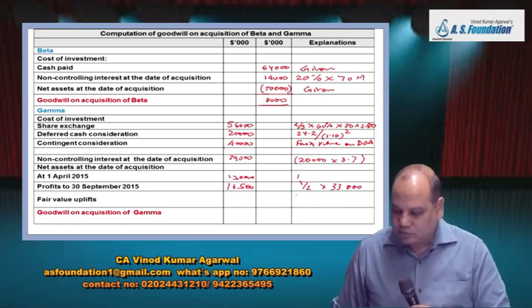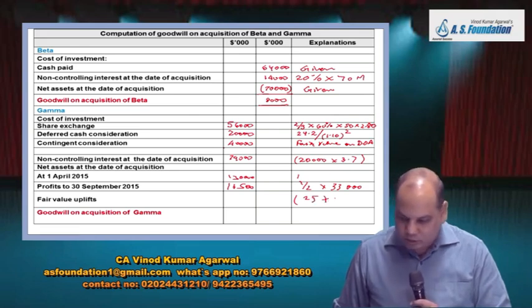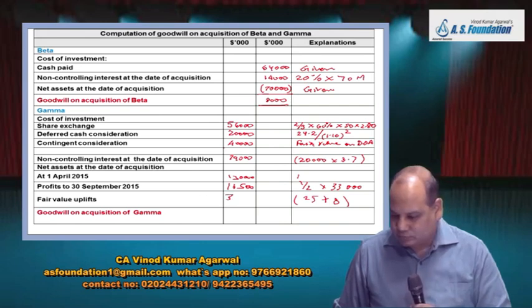And fair value 25 for property and 8 for this plant and equipment. So that is 33,000. Okay. These three number you put in bracket.